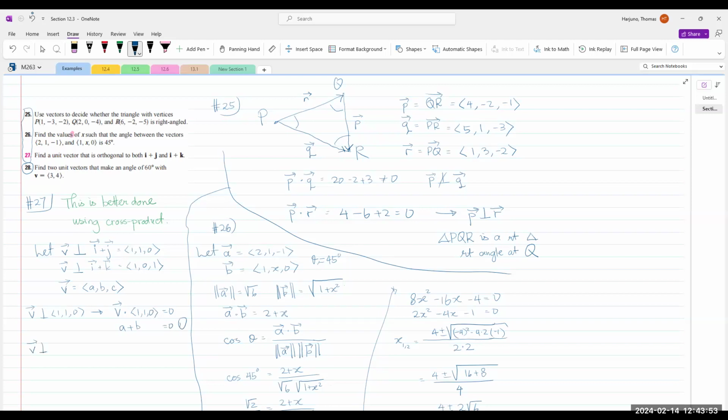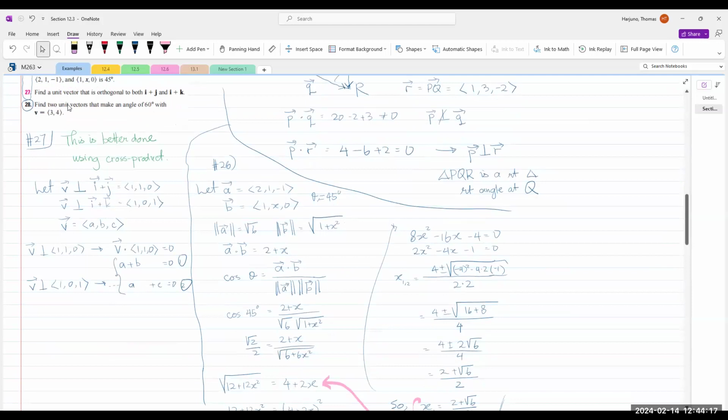From the second information, (1,0,1), we get a plus c equals 0, call that equation 2. Now, we have a system of 2 equations but 3 variables, so we have infinitely many solutions, and one of them is a free variable.